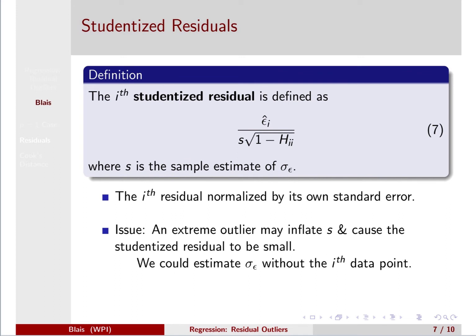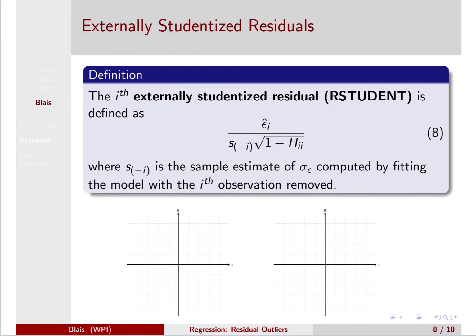The point being that extreme outlier inflates that denominator, which then shrinks this studentized residual, and we might miss it. We might not notice a case where you have an actual residual outlier because that increase in the denominator shrunk this whole expression. So what might we want to do?